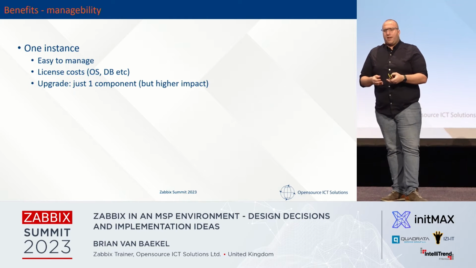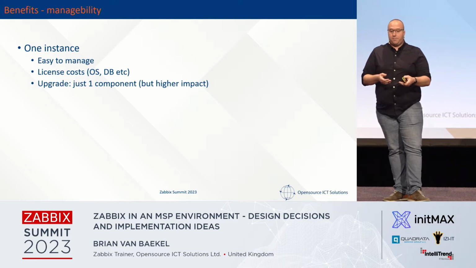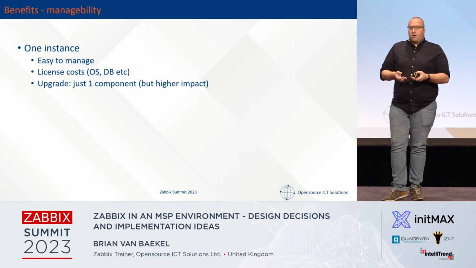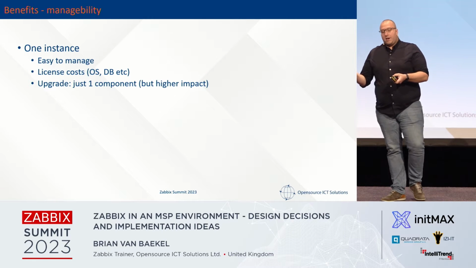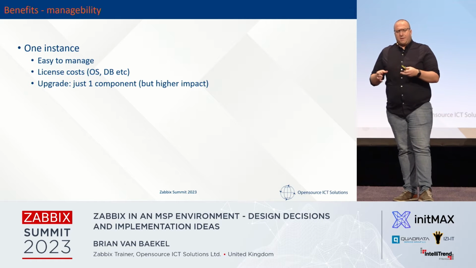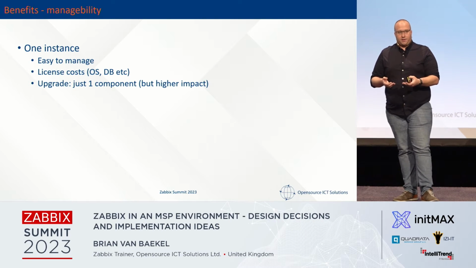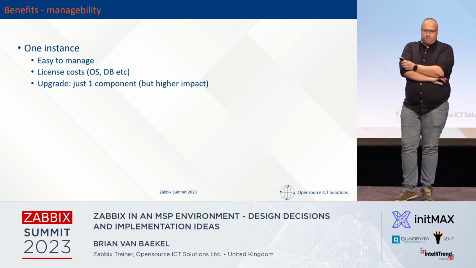You've got to think about one Linux operating system, probably just one database or one database type, etc. At the same time, if you're using, I don't know, Red Hat, you probably pay something for the licenses, unfortunately. With just one Zabbix instance, you just pay for that single instance. If you have a separate Zabbix server for each customer, then you probably have to pay a lot more for the licenses. Same thing with the databases, etc.